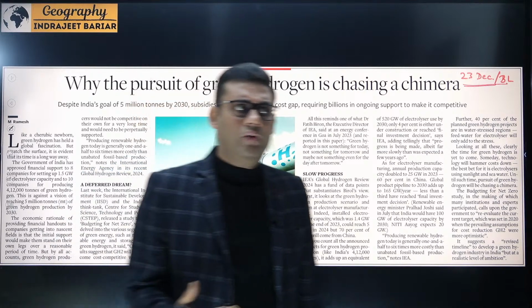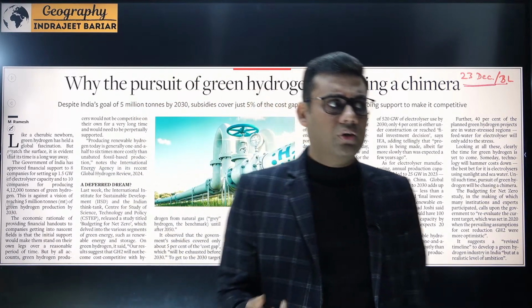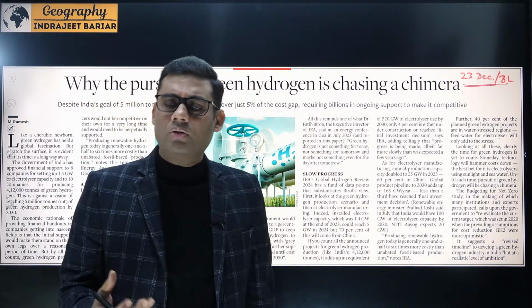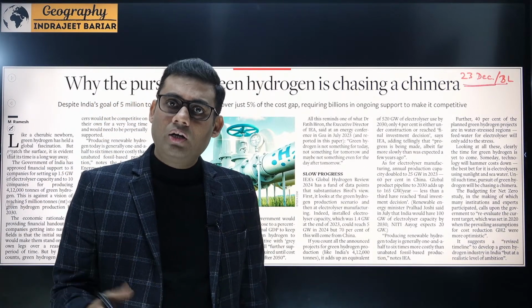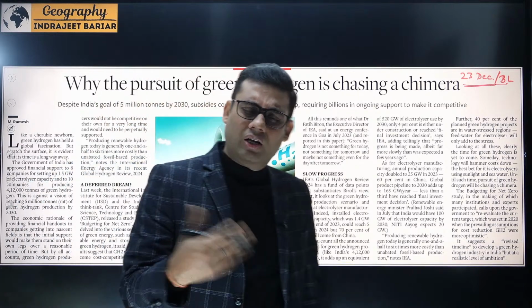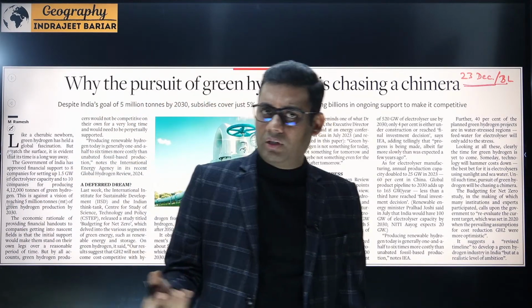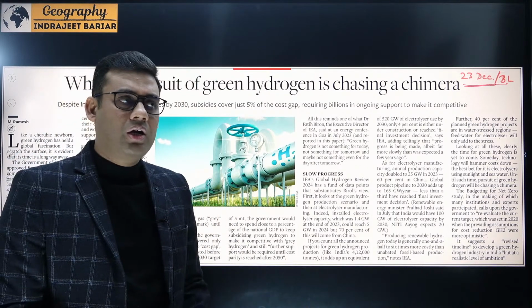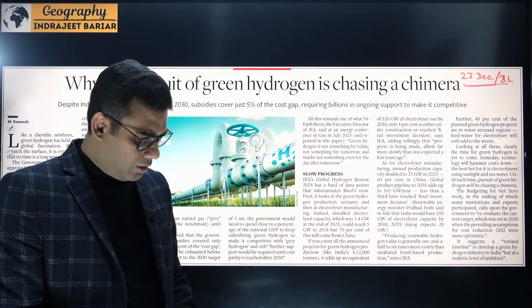So first thing, when we try to understand green hydrogen, what do we mean by green hydrogen? Green hydrogen primarily is the hydrogen produced from renewable sources of energy. So some energy, electricity or anything would be required to produce hydrogen, but that electricity or energy has to be produced from renewable sources, and so I'll call it green hydrogen.